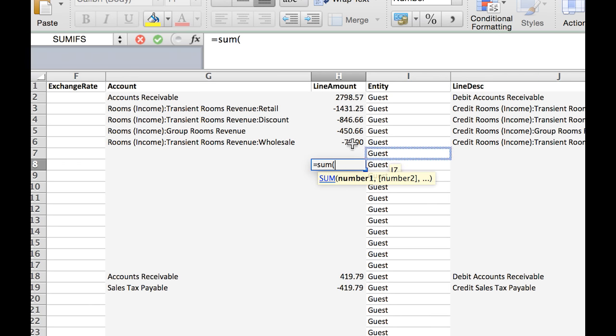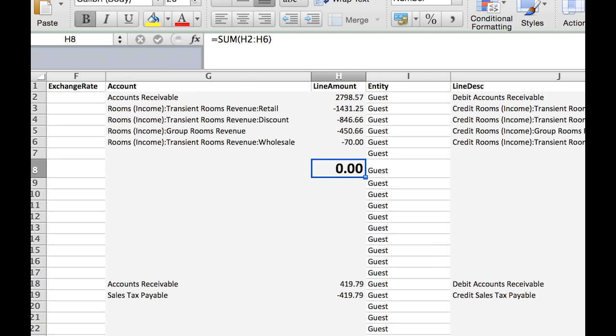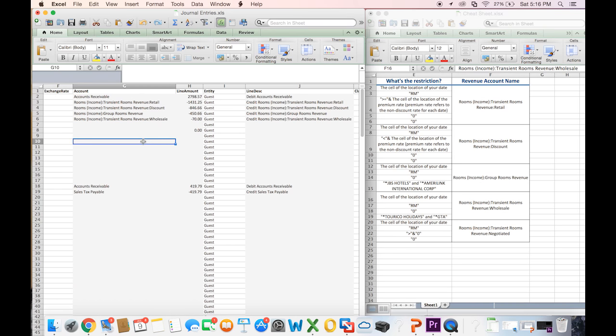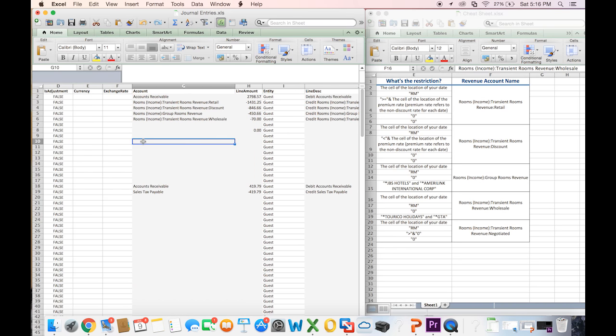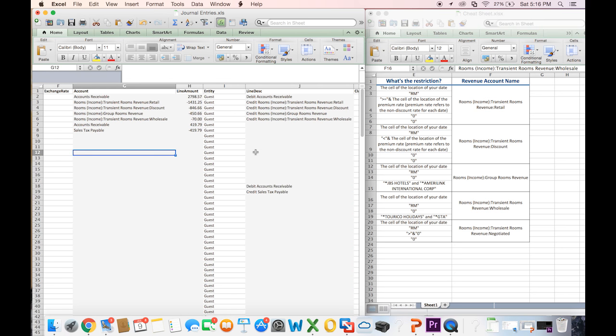When I do a quick sum formula adding up all the market segments, which are negative of course, and then add the amount from accounts receivable, notice how it perfectly balances out to 0. This is when I know all my formulas are correct. Finally, we can move the accounts receivable and sales tax payable back up, and we are finished for June 20th.